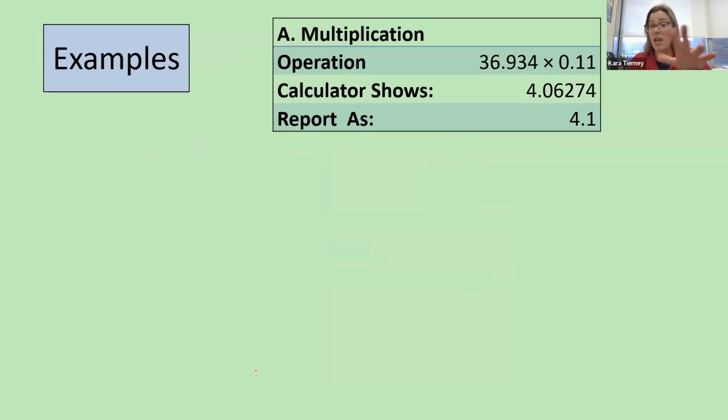So in our first example, 36.934 had five significant figures, 0.11 has two significant figures. Type it into your calculator. Out of 5 and 2, 2 is smaller, so we round the answer to two significant figures. So in multiplication division, we're counting significant figures.